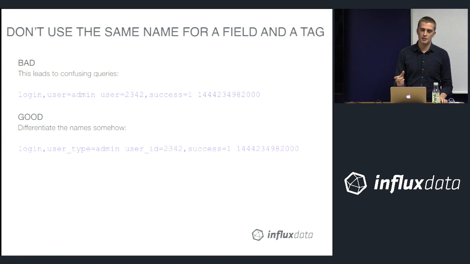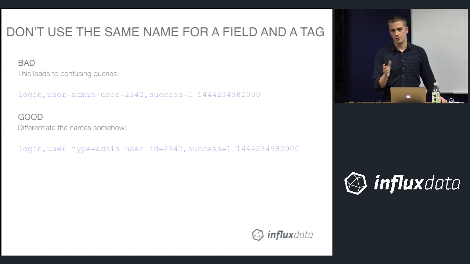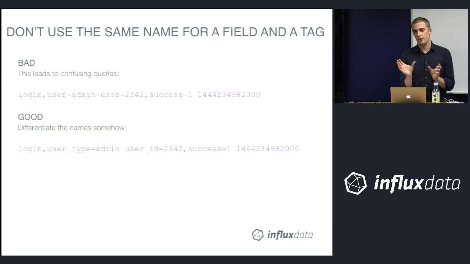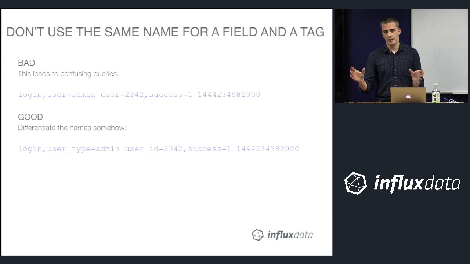And the series key is literally the concatenated string of the measurement name plus the tag key and tag value for each tag key. So each tag key and value is appended onto that measurement name, and that itself is the series key.